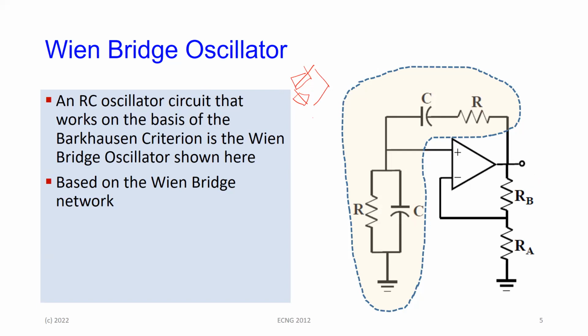So this is the Wien bridge oscillator, and notice how it is composed. In the shaded part, you have 2 equal resistors and 2 equal capacitors. In one arm here, the resistor and capacitor are in series, and in the other arm here, the resistor and capacitor are in parallel.